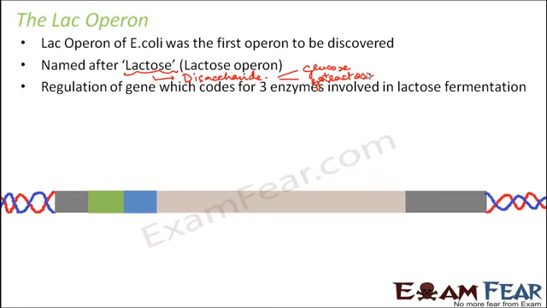So there will be certain genes which are responsible for producing the RNA, which in turn codes for the proteins which make these enzymes. Right? So in this operon, we are going to talk about how those genes which code for the enzymes involved in lactose fermentation are controlled.